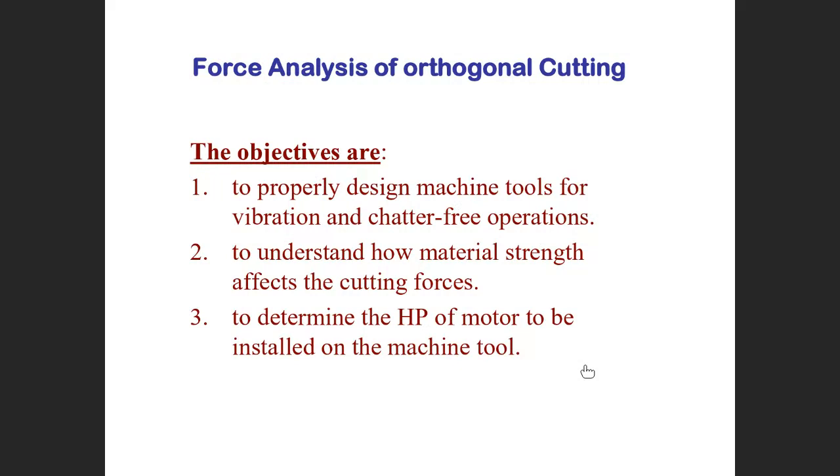So based on that, if you have any type of chip, we can understand the story behind the chip, I mean the machining story behind our chip. Next, we're going to talk about force analysis of orthogonal cutting.